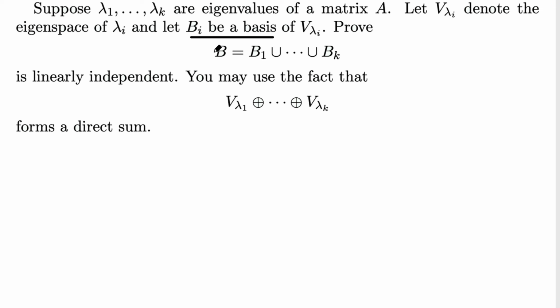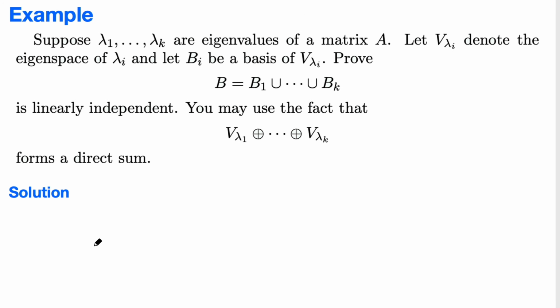So within B1 or B2 or B3, they're linearly independent. But in general, if you take a union of linearly independent bases, you don't always get something linearly independent. So this involves a little bit of work, but basically this direct sum pretty much solves everything. So let's see a solution.